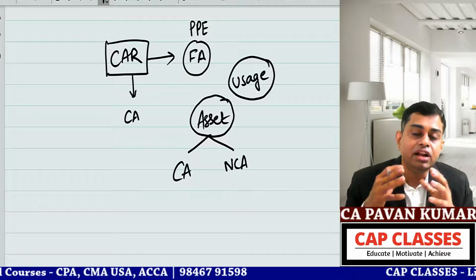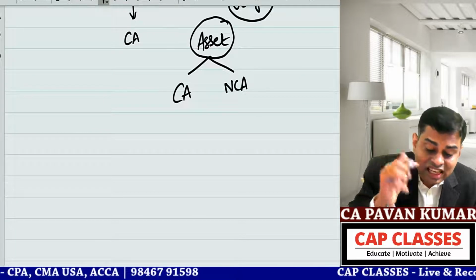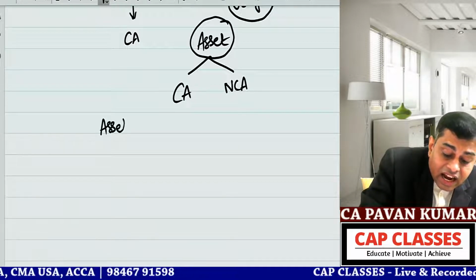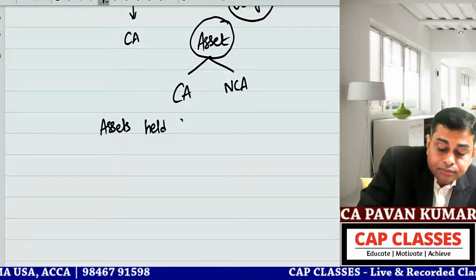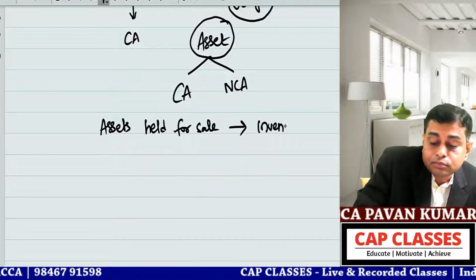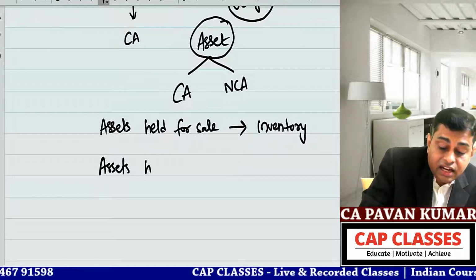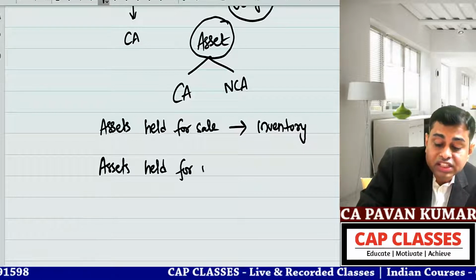No, it is inventory for me. So, try to understand the basic one. Assets held for sale are inventory. Assets held for usage.